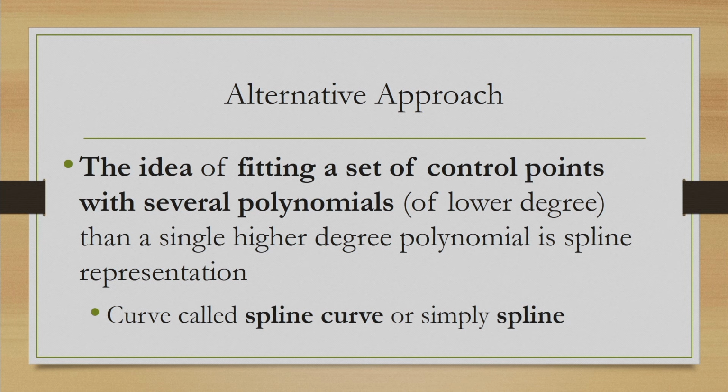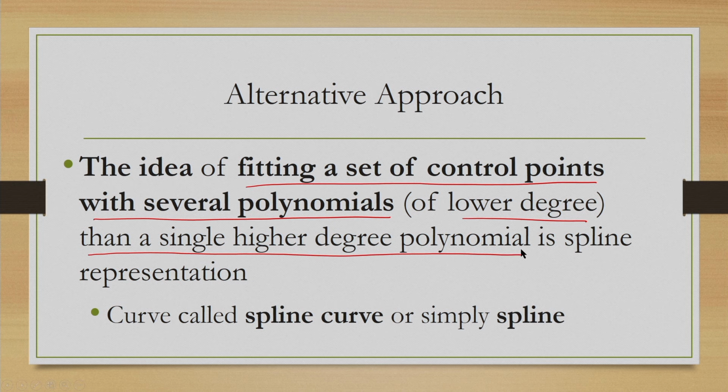Now, this idea of fitting a set of control points with several polynomials of lower degree than a single higher degree polynomial is known as spline representation. So, when we talk of spline representation, we are essentially referring to the fact that there is a set of control points, but we are not interpolating the entire set with a single polynomial curve.